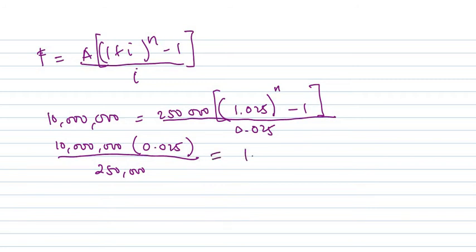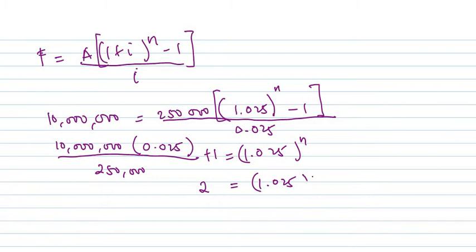So we have 1.025 raised to n, minus 1. This minus 1 will be transferred to the other side, and that becomes positive 1. If we compute this value, that is equivalent to 2.